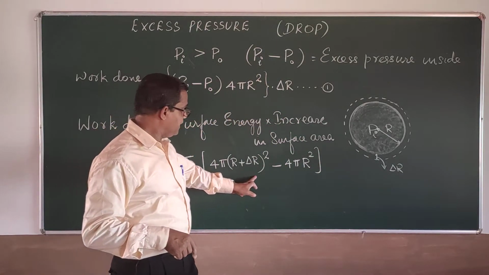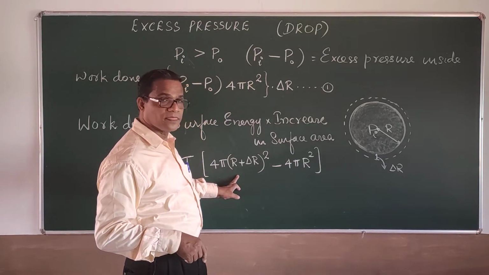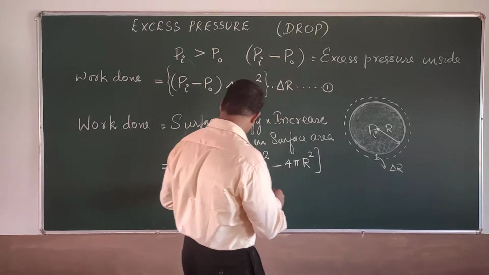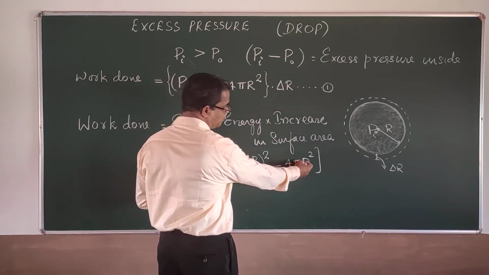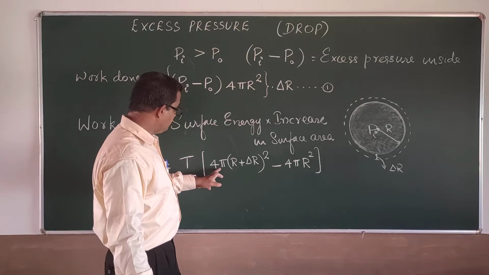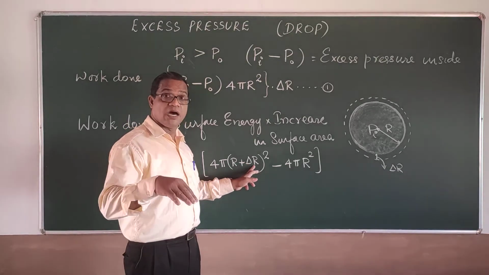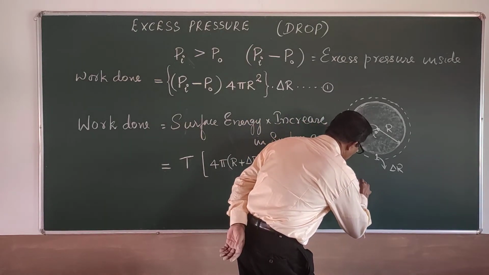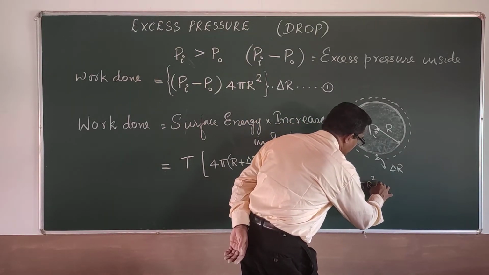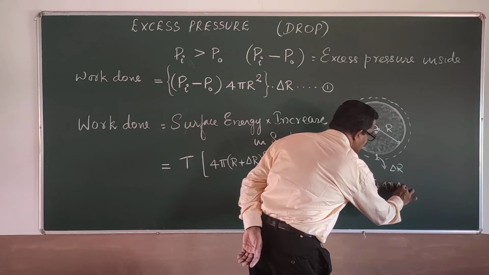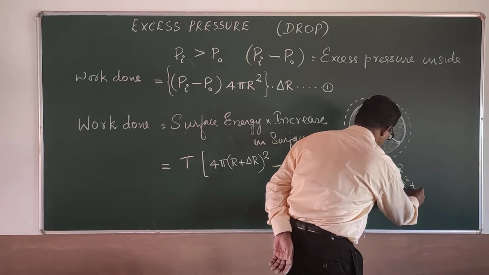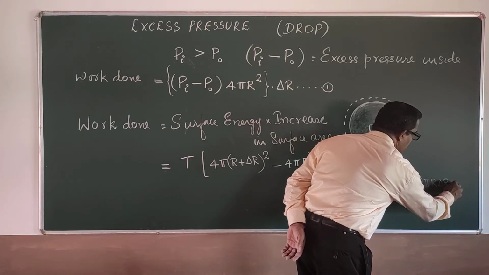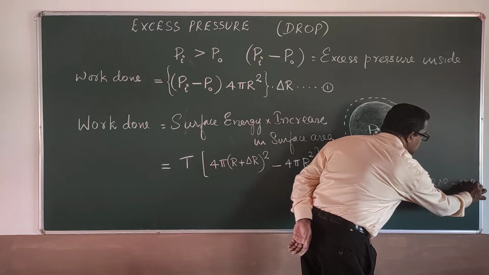Now, if I expand this, I get 4 pi r square plus 4 pi delta r square plus 8 pi r delta r, minus 4 pi r square.